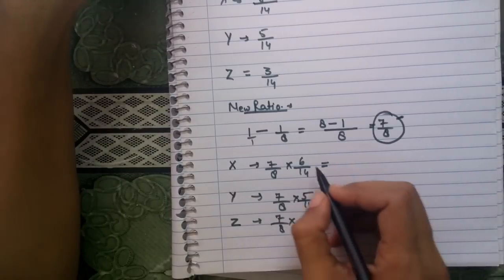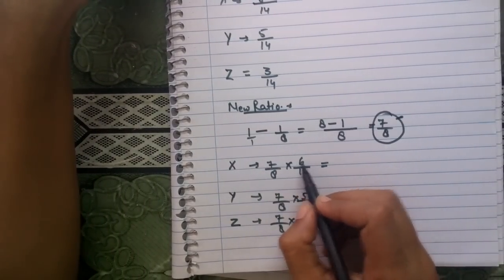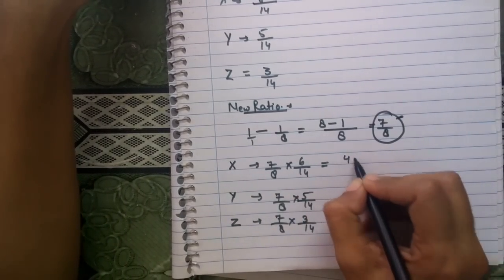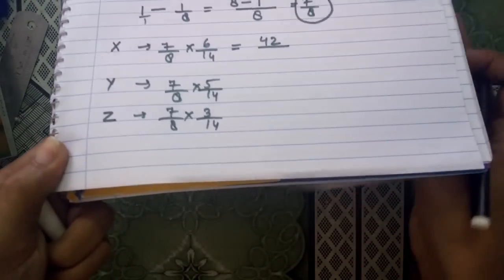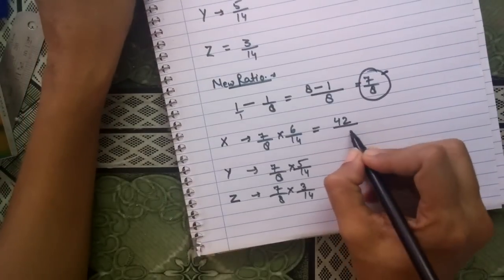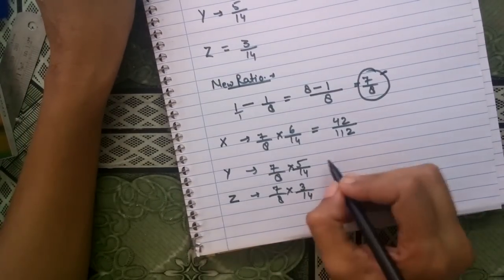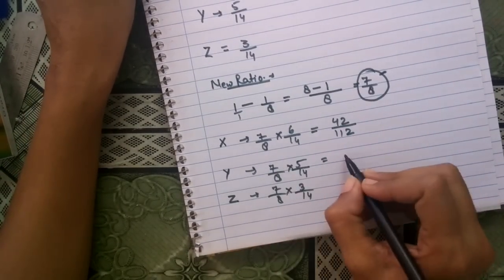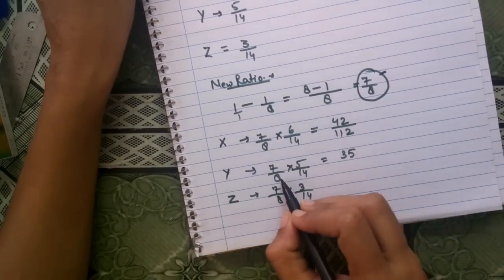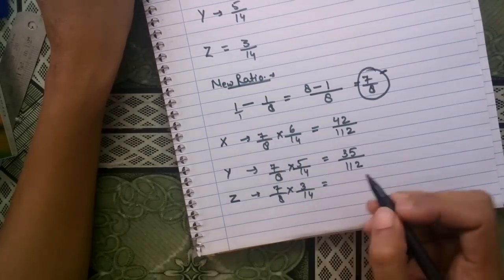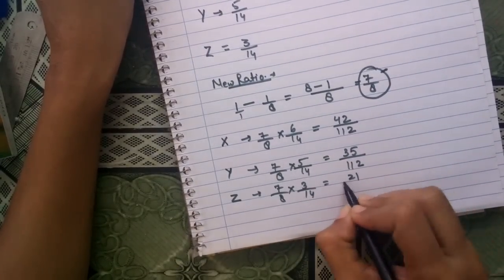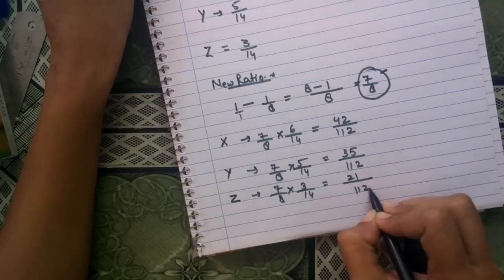So we calculate: 6 sevens are 42 upon 14 eights are 112. In the same way, 7 fives are 35, 14 eights are 112, and 7 threes are 21, and 14 eights are 112.